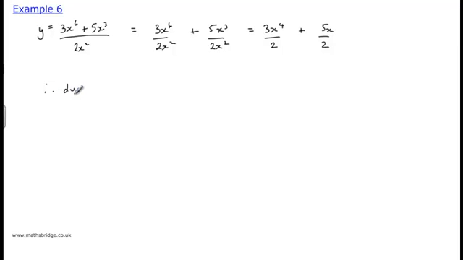Multiply through by the power and reduce the power by 1. Gives a differential of 12x cubed over 2 plus 5 over 2. And we could of course just simplify this a little.